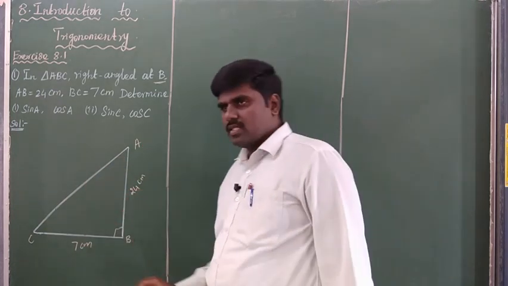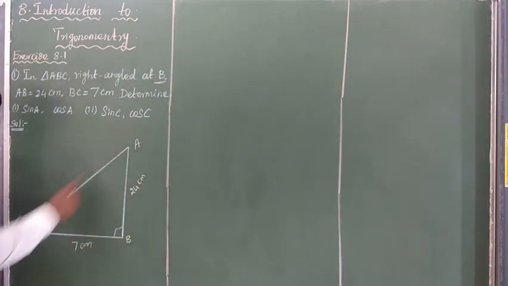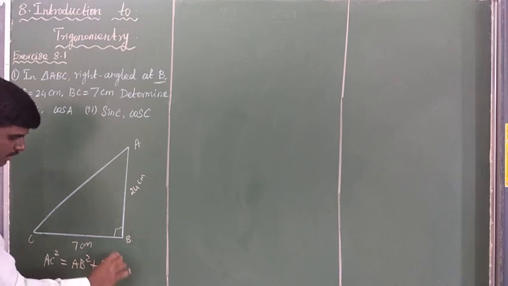Using the Pythagoras theorem: AC square is equal to AB square plus BC square.